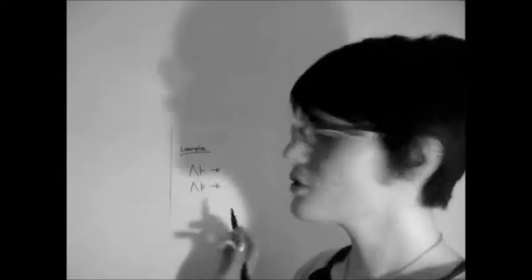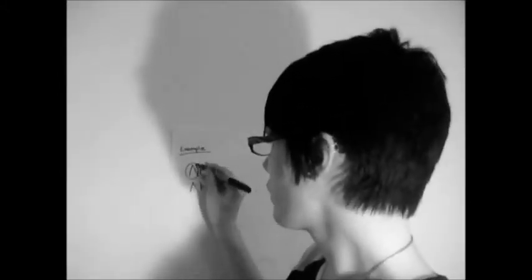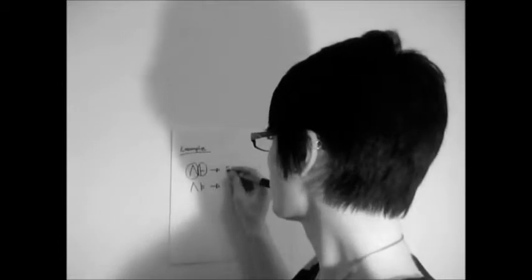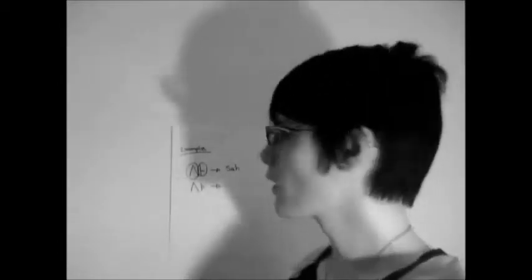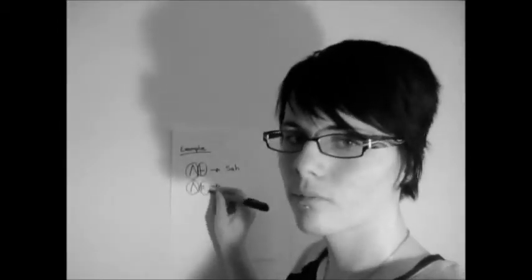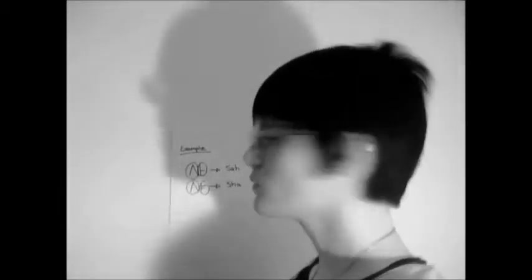Alright, so here's two examples. This Siot paired with the A vowel would say sa. And this Siot paired with the Ya vowel would say sha.